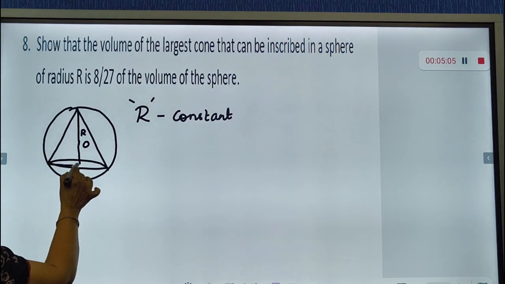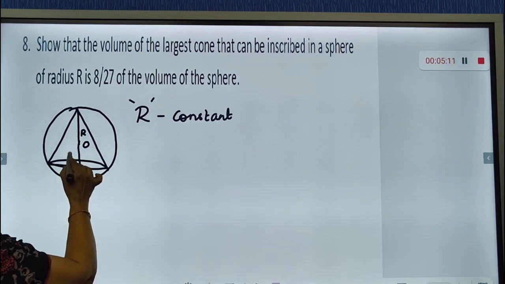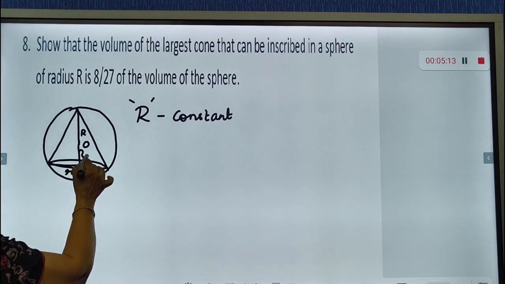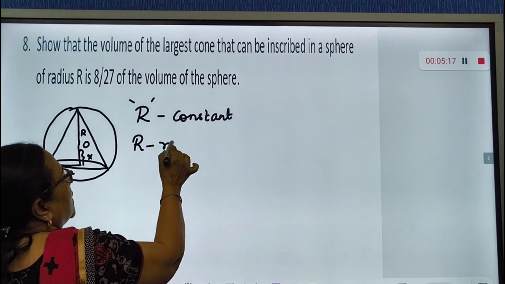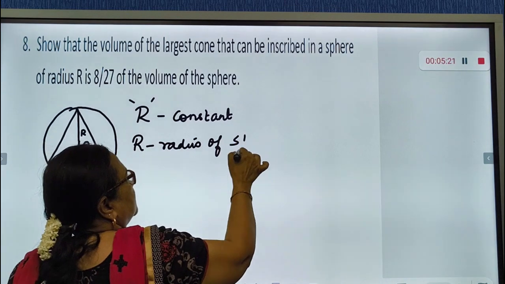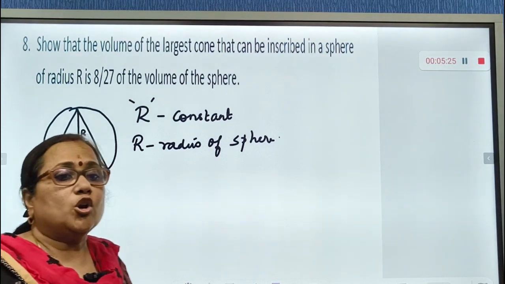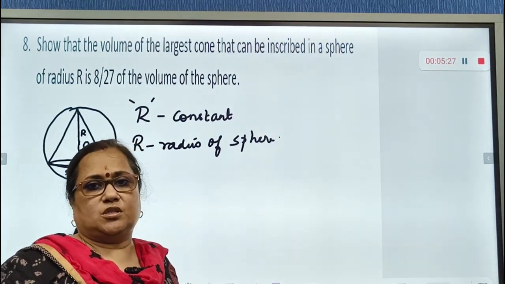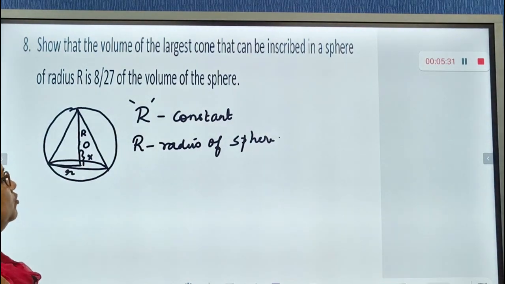Let me extend this. Let small r be the radius of the cone, and let this distance be x. So capital R is the radius of the sphere. The sphere is fixed. Inside a sphere, you can draw infinitely many cones, but we want to find that cone which has got maximum volume.